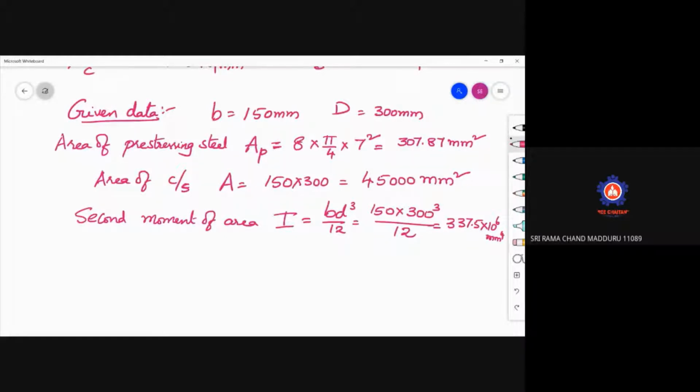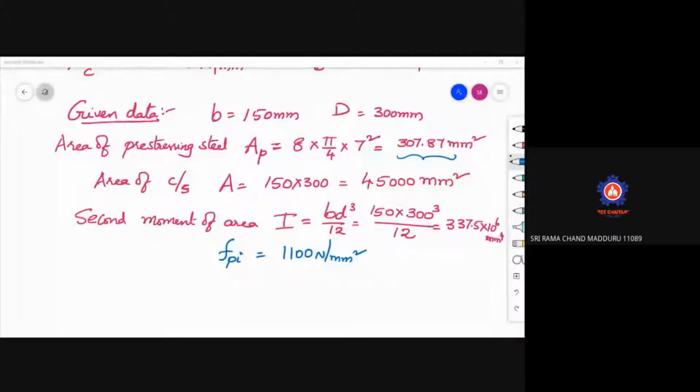So now here I know that this is the area of pre-stressing steel, and initial pre-stress applied is given. If you observe the question, the wires are stressed to a stress of, so initial stress FPI is equal to 1100 Newton per mm square. Initial pre-stress is 1100 Newton per mm square.